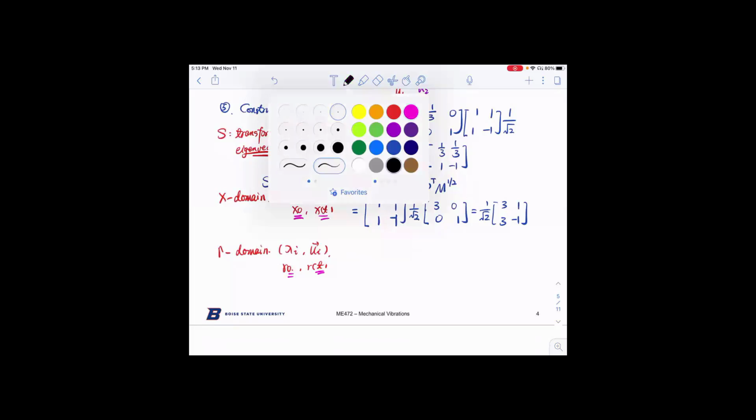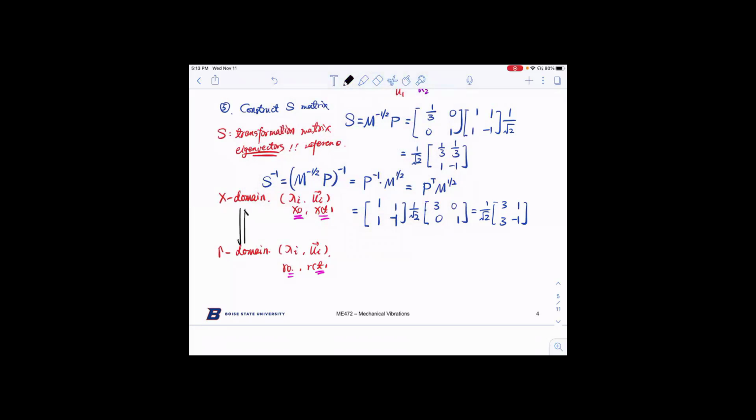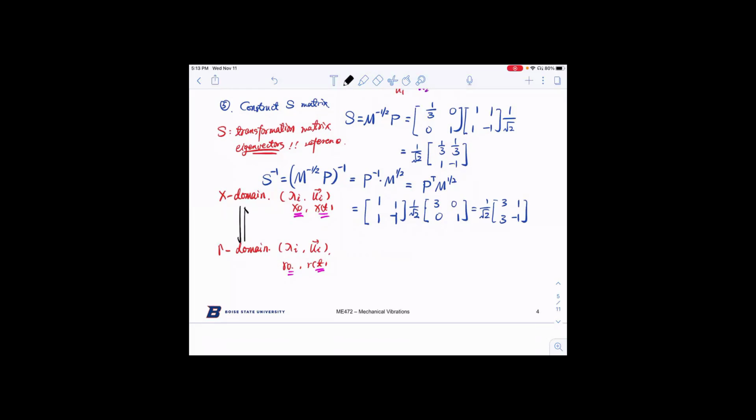So you need some kind of communication method to tell your code or your calculation how we can communicate between these two different domains. The communication is enabled by S. If you want to go from the X domain to the R domain, whatever you have in R is S inverse times X. If you want to go backwards, your X is S times R. So this S matrix is called a transformation matrix or coordinate transformation.